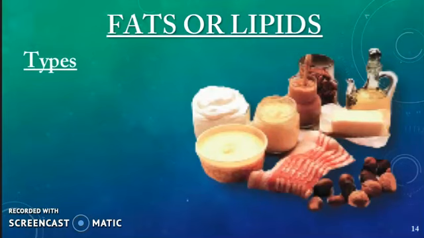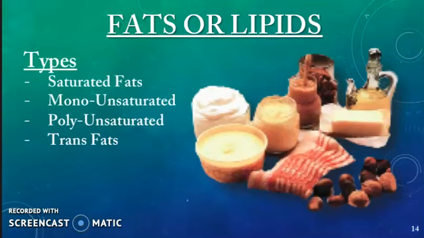Now, there are 4 types of fats: saturated fats, monounsaturated fats, polyunsaturated fats, and then trans fats. Of this list of 4, the first 3 are okay in moderation. We're not going to have a whole diet of fats. That's certainly not going to be good for us. But the one that is bad for us is called trans fats. This is a fat that's actually manufactured.